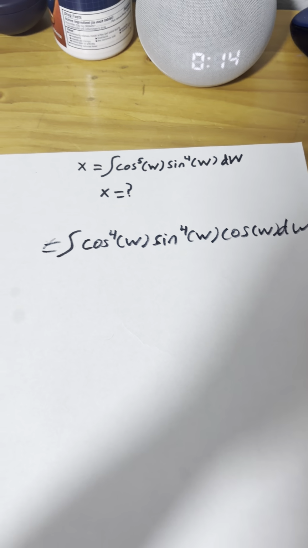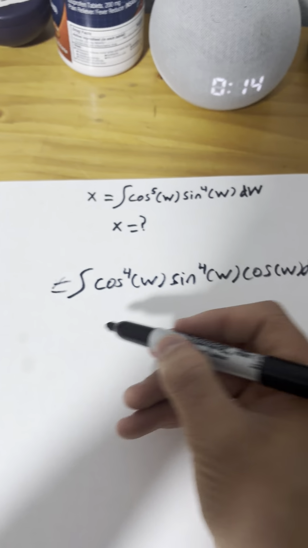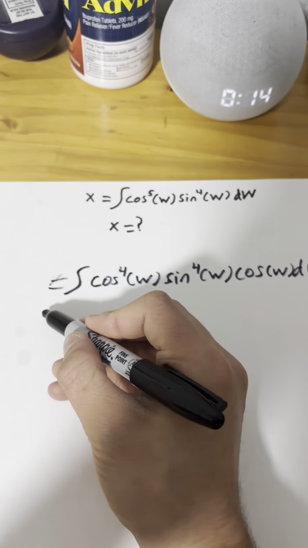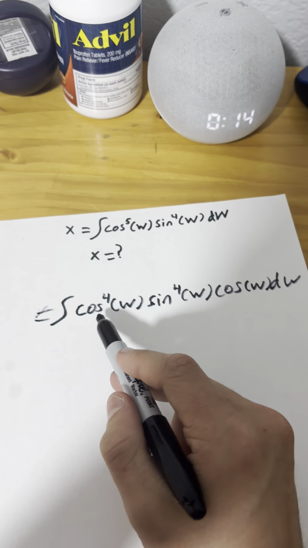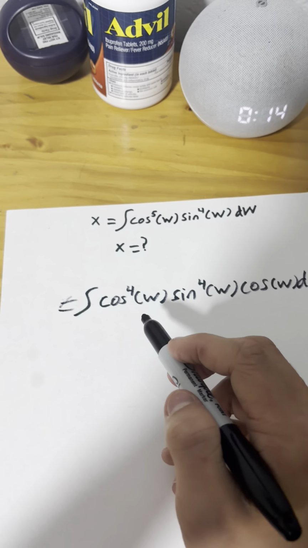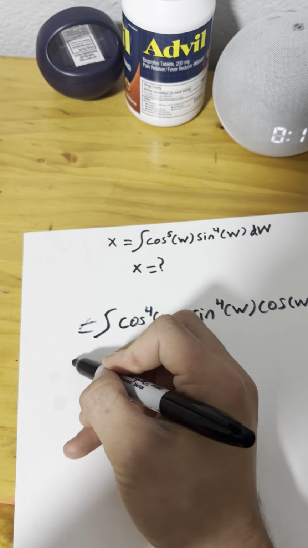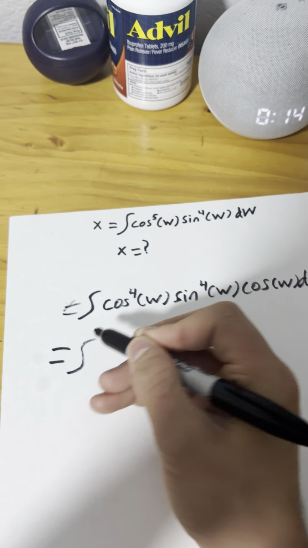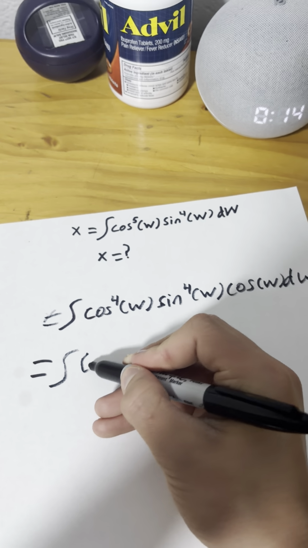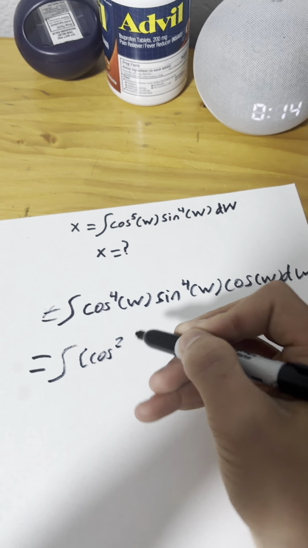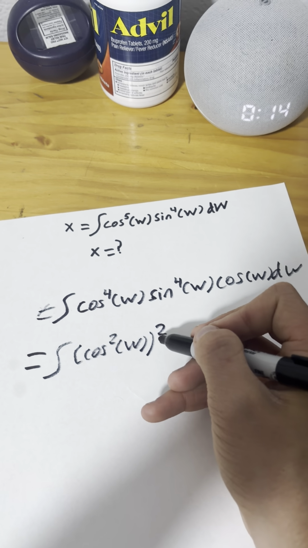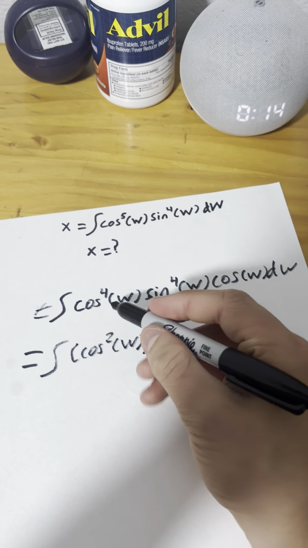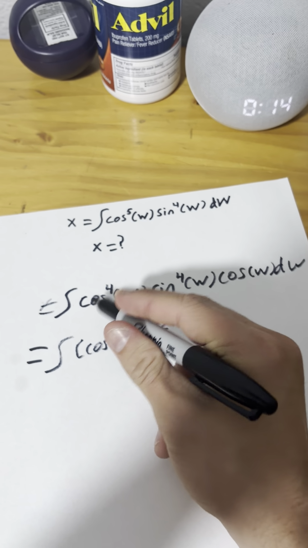It's like a 1 to the power 1, but we don't write that. And we can isolate the cosine by using trig properties. So we're going to write this as cos squared w, squared, times sine to the 4.